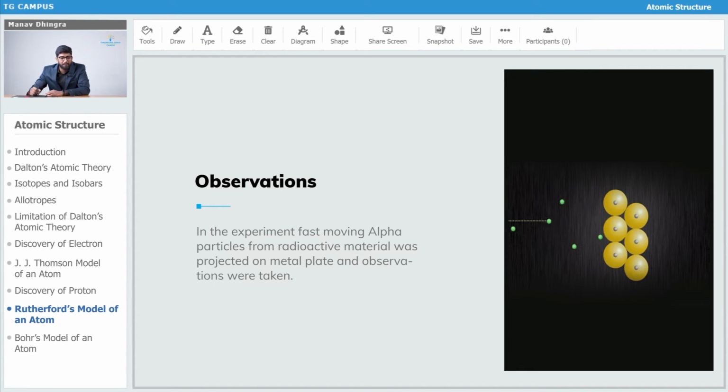See, alpha particles are nothing but the nucleus of helium atom, that is He2+. Let's see the next observation.